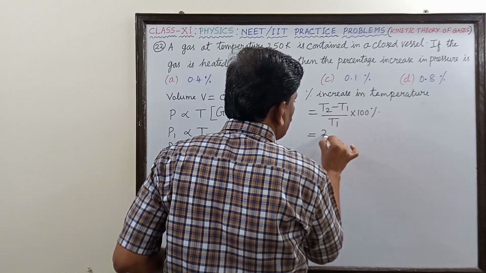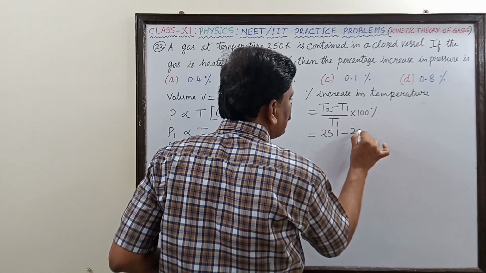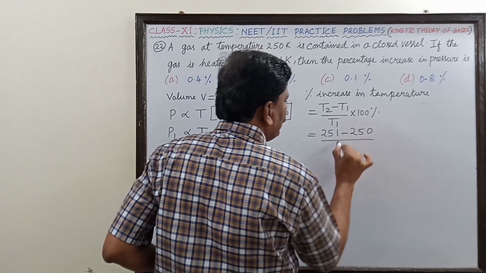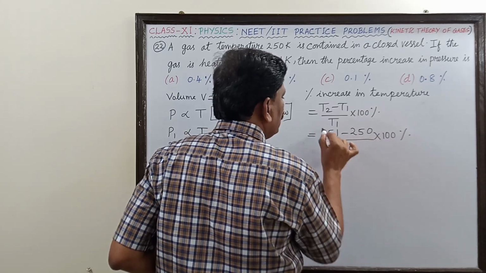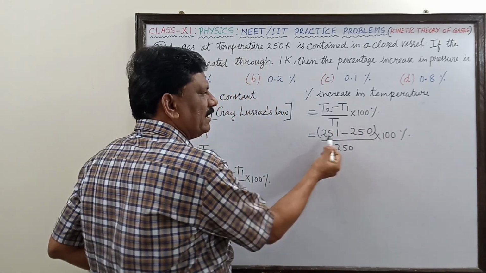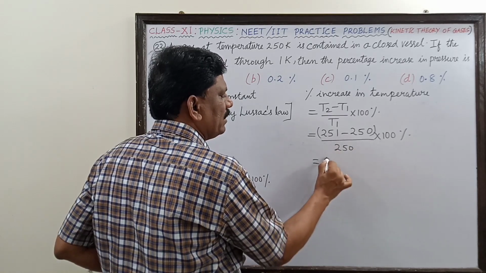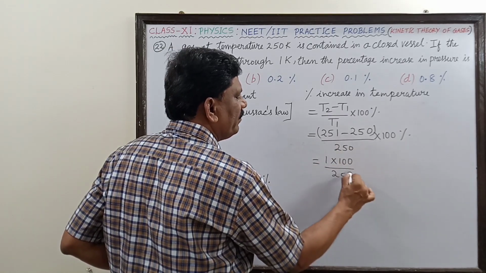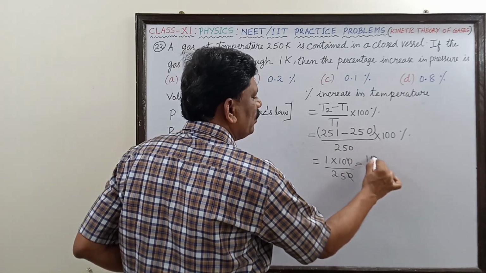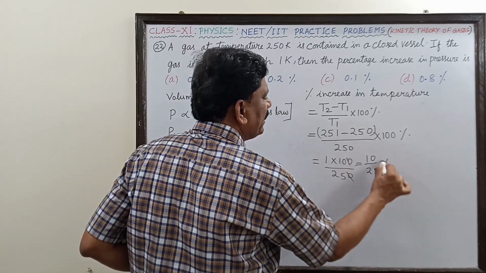So, this is equal to 251 minus 250 divided by 250 into 100. So, the rise in temperature is what? 1. So, 1 into 100 divided by 250. So, this is equal to 10 by 25%.